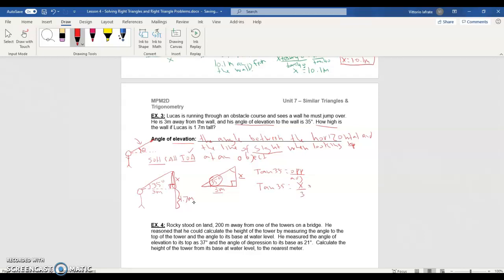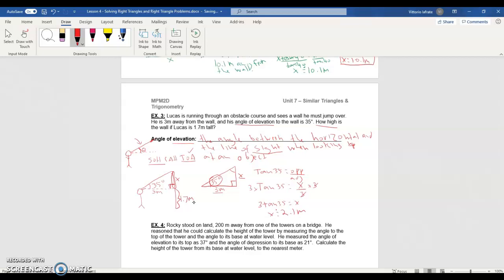We can multiply everything by 3 here to get rid of the 3. And we get 3 tan 35 is equal to x. So if we put that in our calculator, we get 3 times tan, make sure it's in degrees, 35. I'll round to one decimal place. We get 2.1 meters.